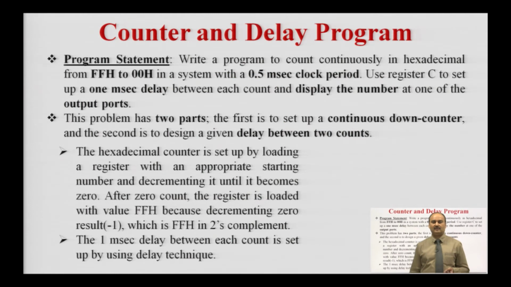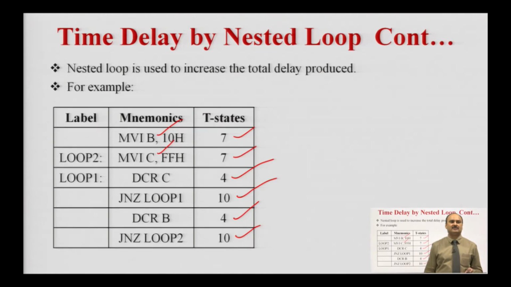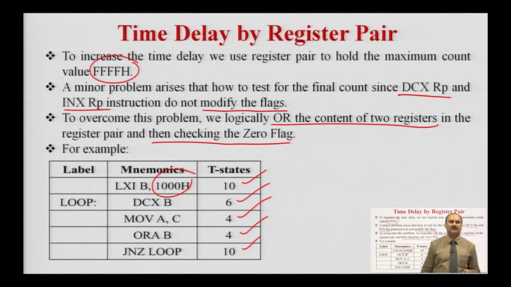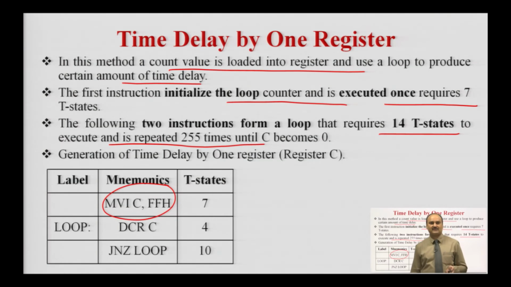So, this is the example of the time delay which can be generated with the help of a single register. Here, the first example uses the C register to hold the count value, and with the help of this count value we can generate the required amount of time delay by decrementing the value of C, and only when this value becomes 0 will the processor come out from the loop.